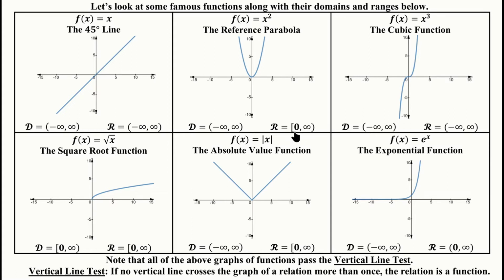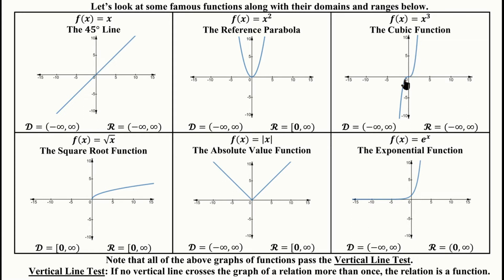Now notice that there's a bracket here because 0 is an allowable output here. So in fact, when you square 0 itself, you get 0. So 0 is part of the set of all the outputs of this function, and we call that set the range, if you recall. Here we have the cubic function, f of x equals x cubed. It looks like this.